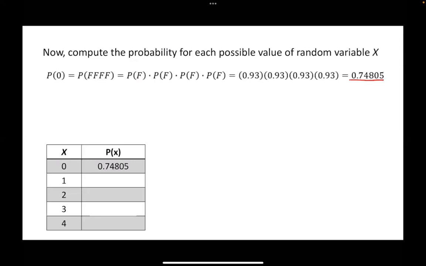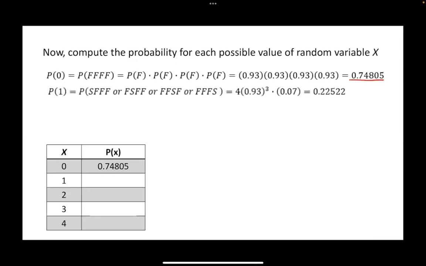It gets a little more complicated when we do 1. There are 4 different ways I can have 1 success. So what I need to do is do my normal 3 failures and 1 success, but then multiply it by 4 because there are 4 different ways for this to happen. So that gives me my next probability.